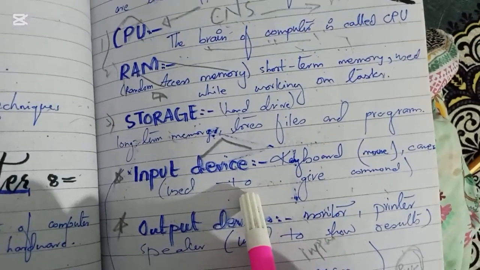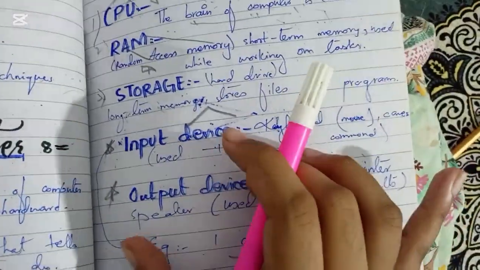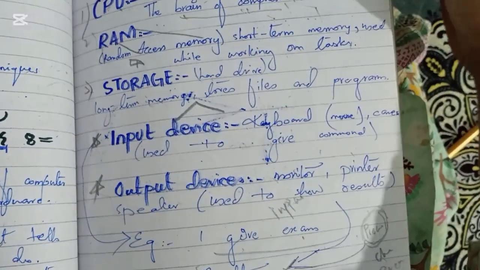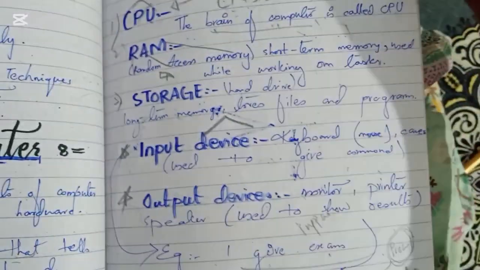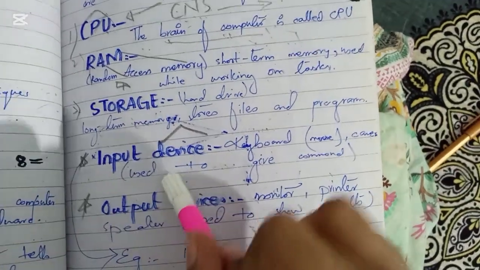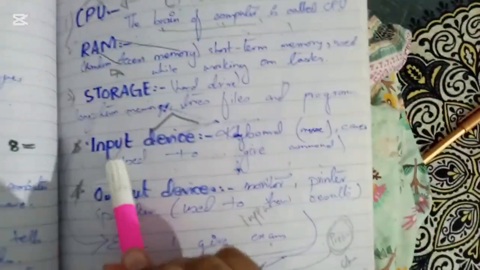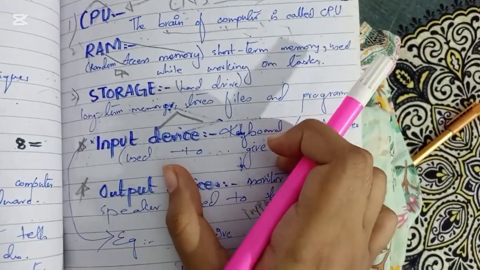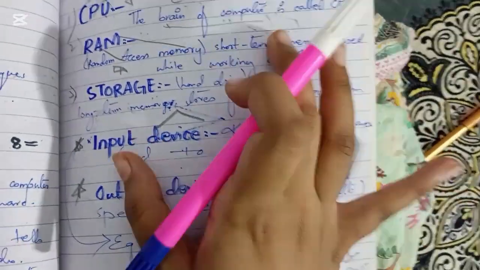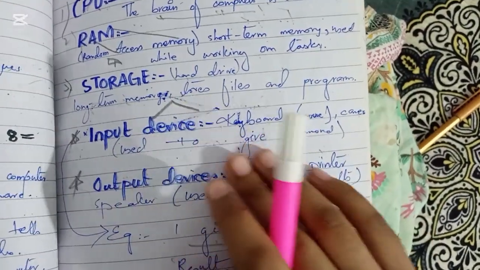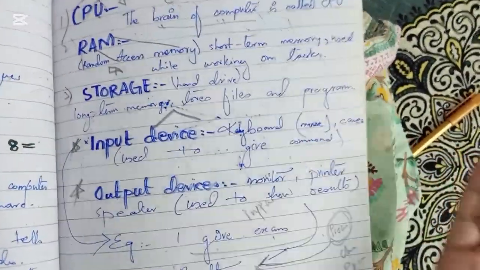The processing is checking of your result, and the result is your output. But let's talk about, for example, keyboard. You use a keyboard to give input, to give instructions to the computer to process and give you calculations. So keyboard is an input device used to give commands.